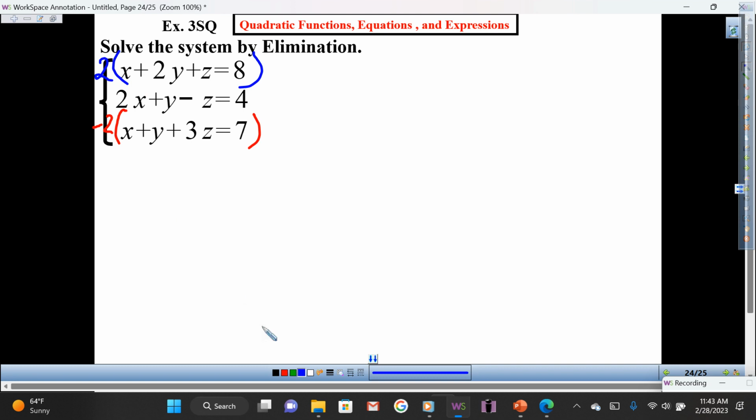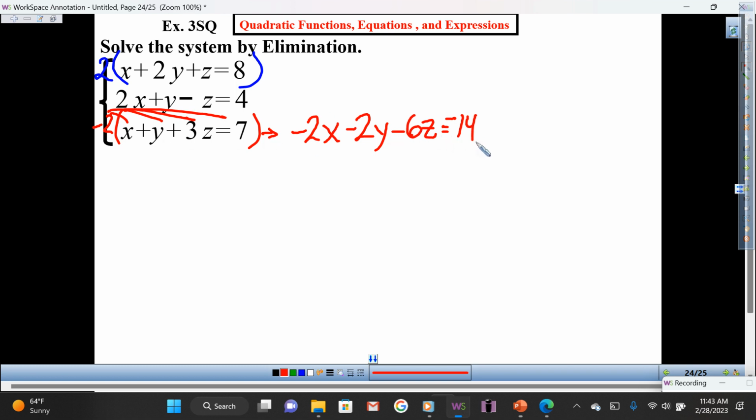So let's multiply the negative 1 down first, so we can write it twice. So our new equation is negative 2x, negative 2y, negative 6z equals negative 14. Did I distribute correctly?